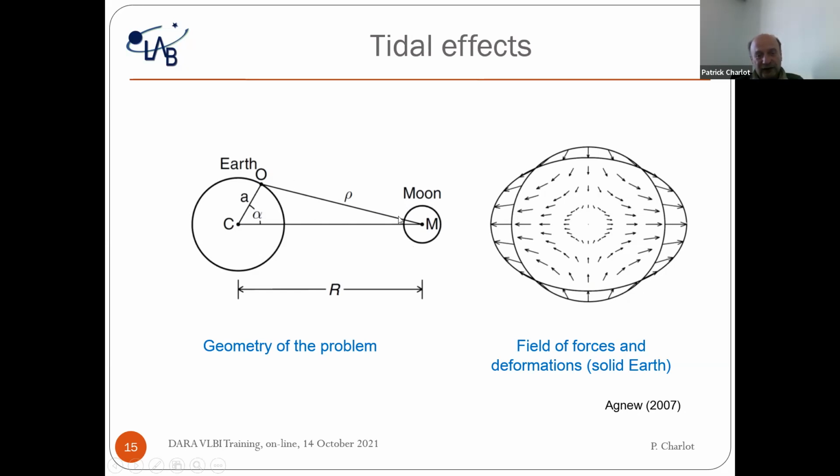The gravitational attraction depends on the distance from the attracting body, and since the distance here and here is different, this part of the Earth will be attracted more than this one. This creates this kind of figure, so the Earth deforms in this direction.